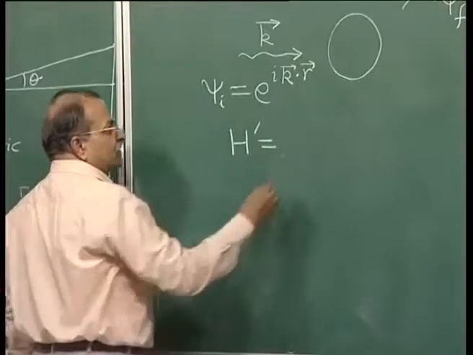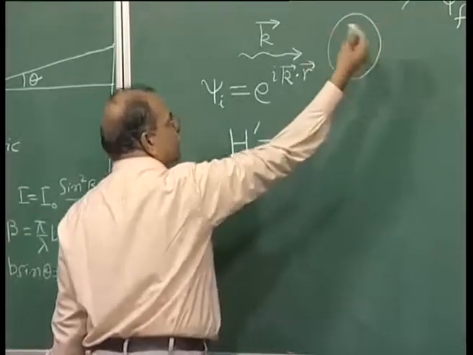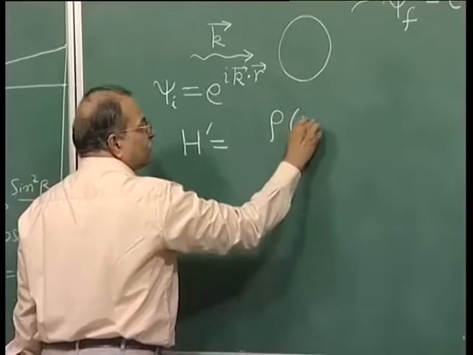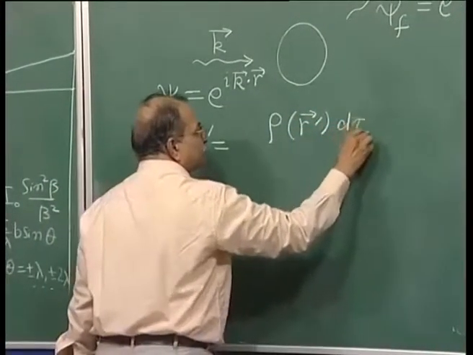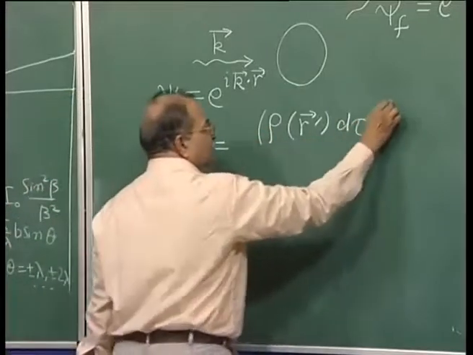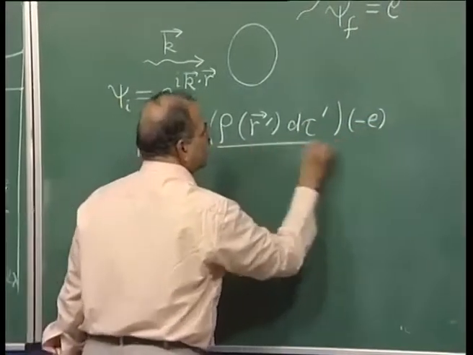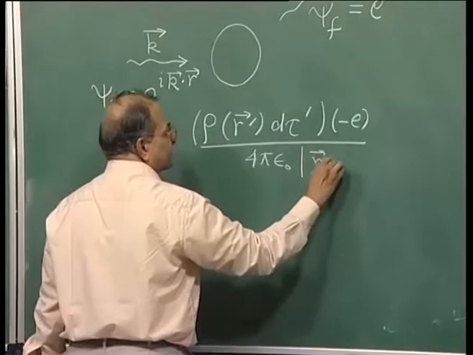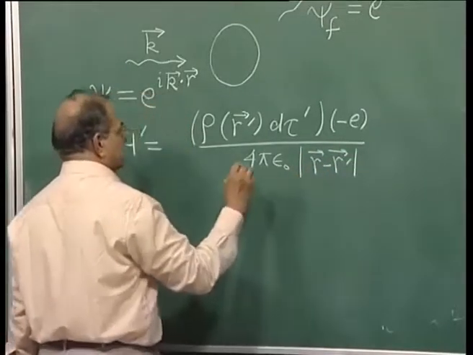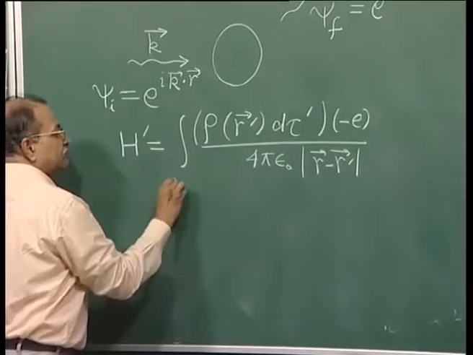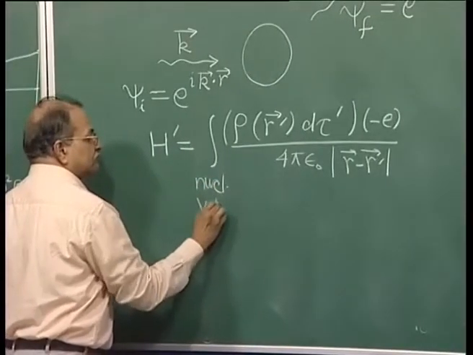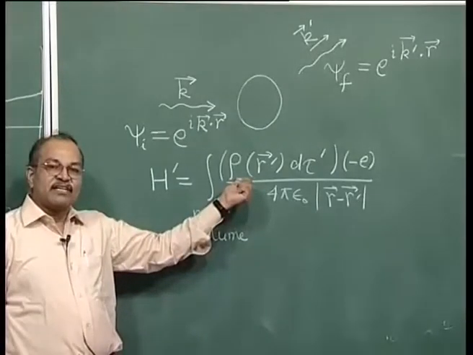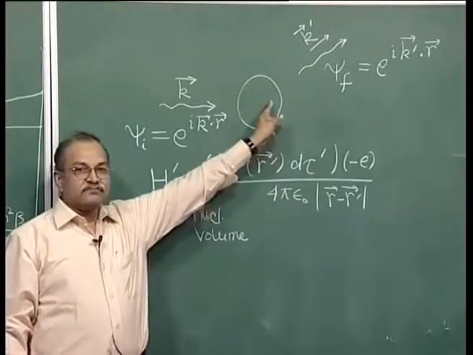If the electron is somewhere here, then the energy will be rho of r prime d tau prime, I will just explain what it is all, times minus e divided by 4 pi epsilon naught, and then mod of r minus r prime, and integration over the nuclear volume. What is this? I am only writing the Coulomb energy of electron with this nucleus.